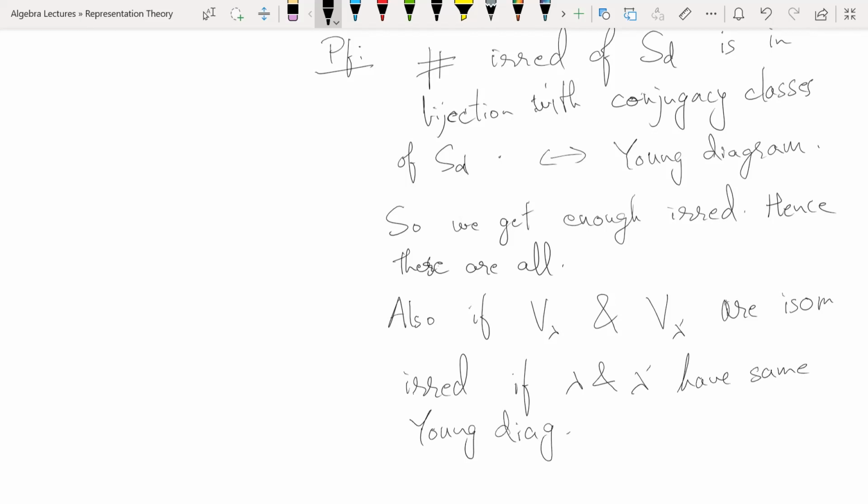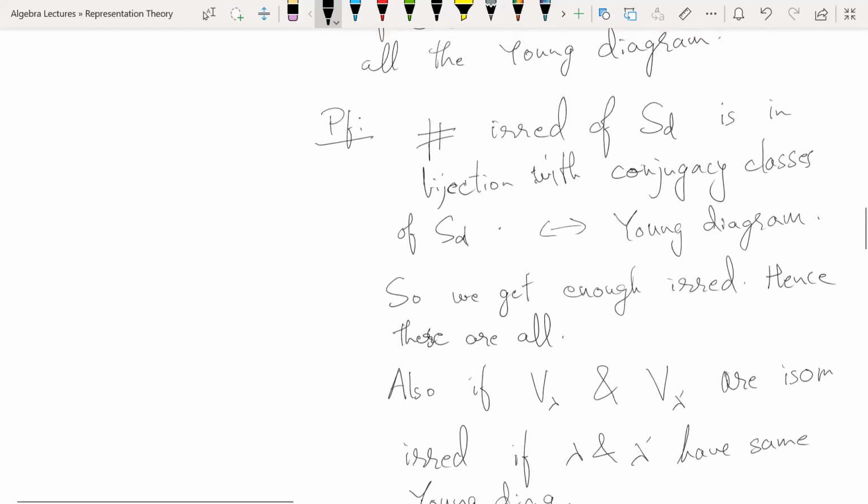Why is that? So lambda and lambda prime have the same underlying Young diagram. V lambda prime is certainly not isomorphic to the irreducible representations from any other Young diagram different from lambda prime. That's what we saw. But it's an irreducible representation, so it has to be isomorphic to one of them, and what remains is V lambda. So it has to be isomorphic to V lambda.